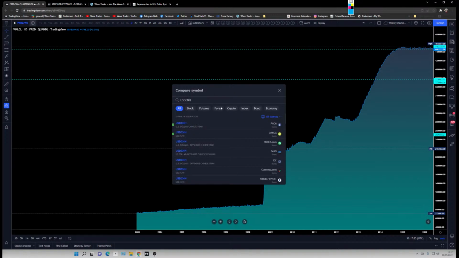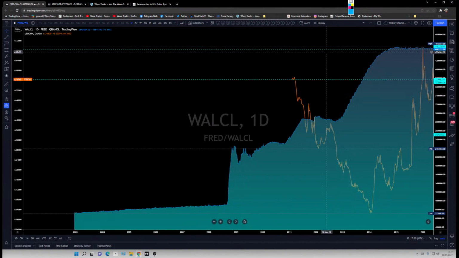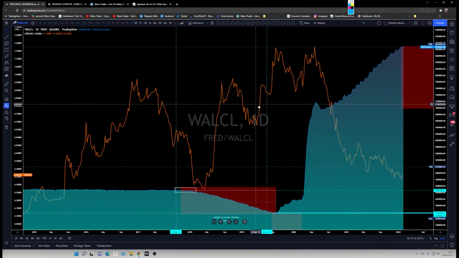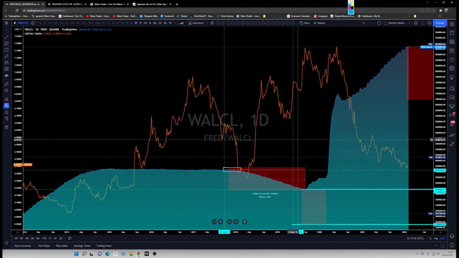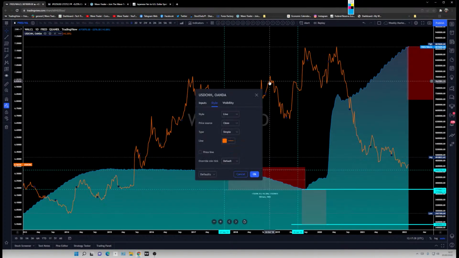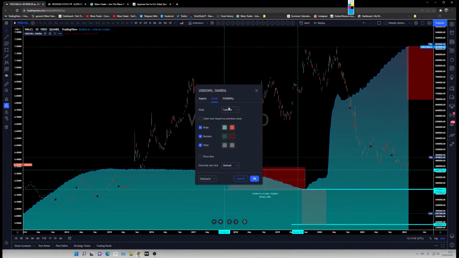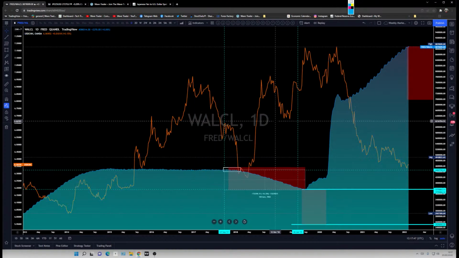So if you are planning to trade on this chart, make sure you are planning to look for that for longer term. The candles are not clear, so let's just go to the line.